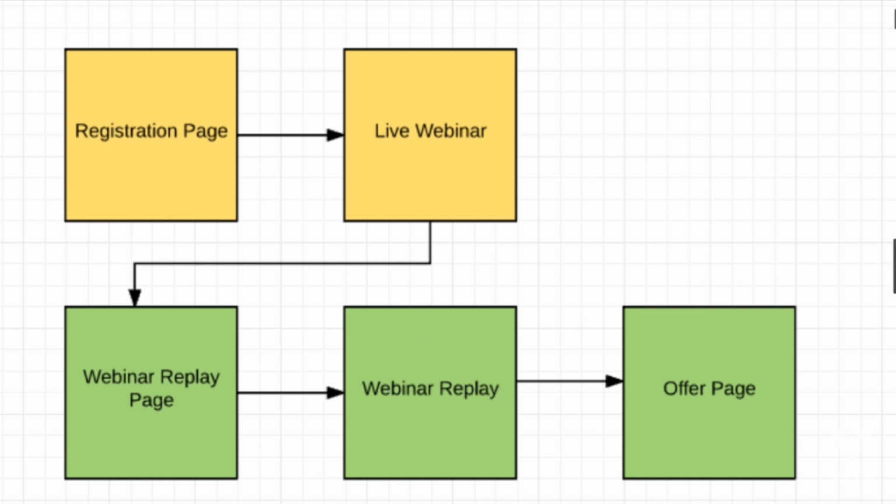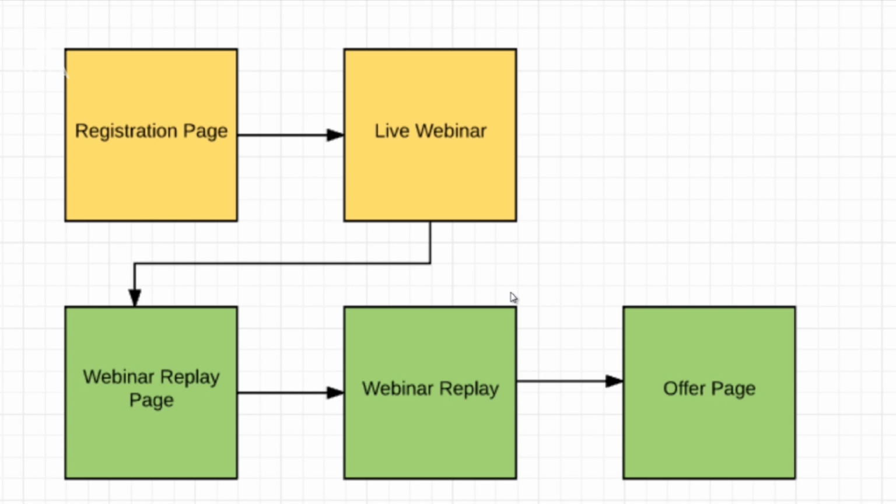So you could set things up, for example, EverWebinar or Webinar Geo is able to do this, so that they can view the webinar replay at a certain time, or they can view it immediately. And then you create an experience that feels like a live webinar.